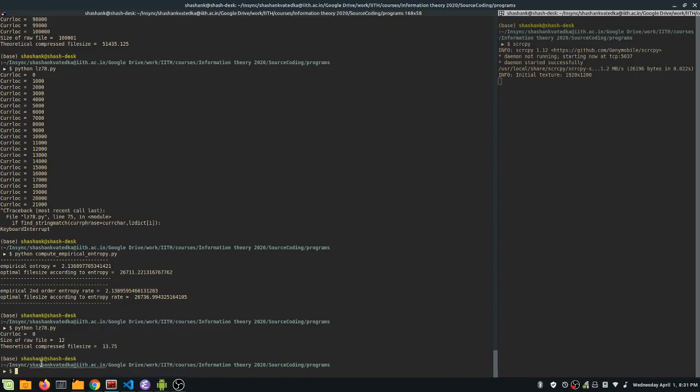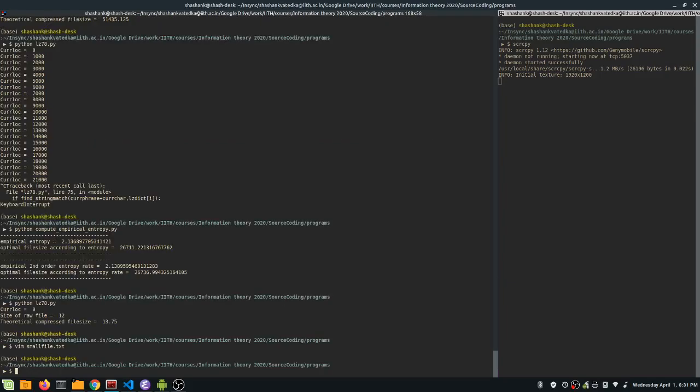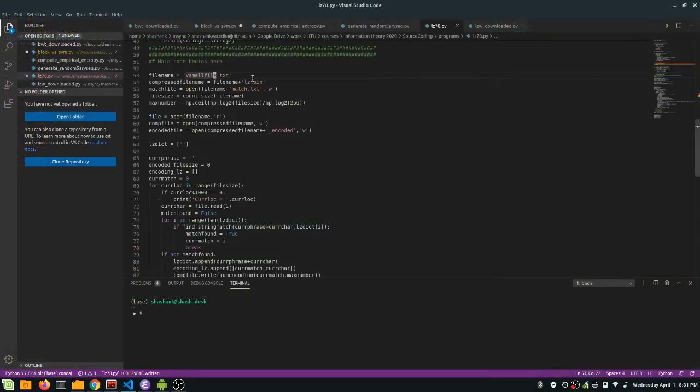So let me look at this file, which consists of a random string of characters. Let me try to compress this file as well.